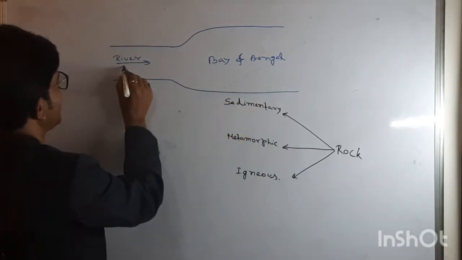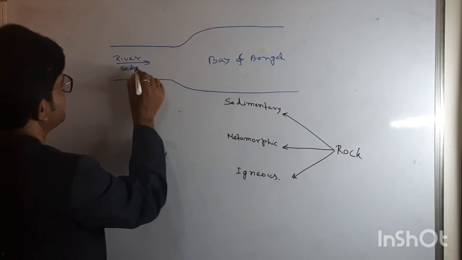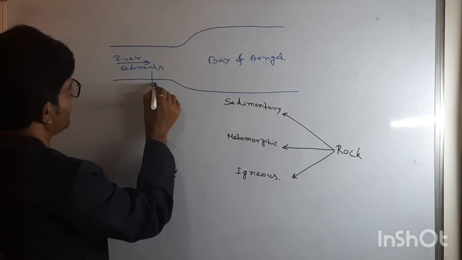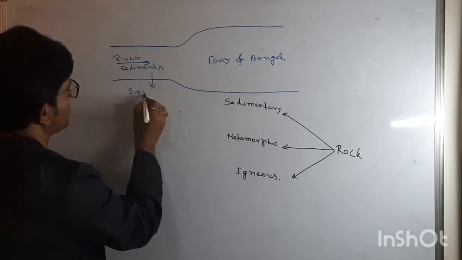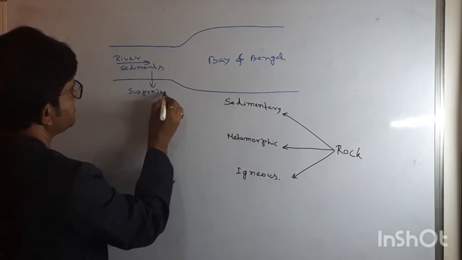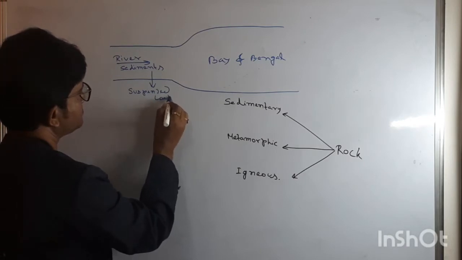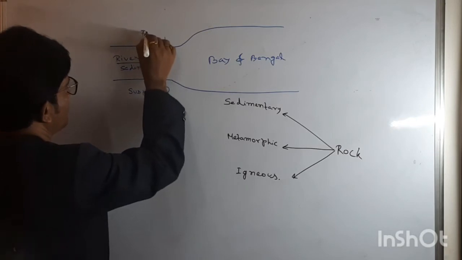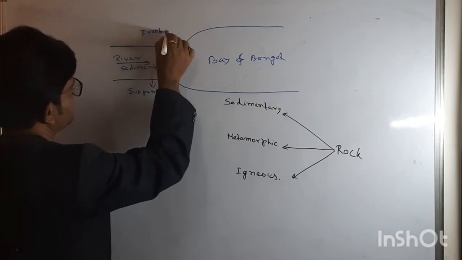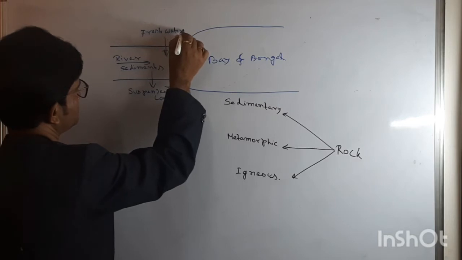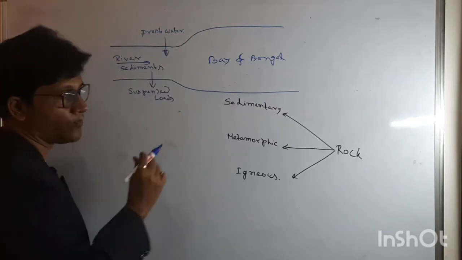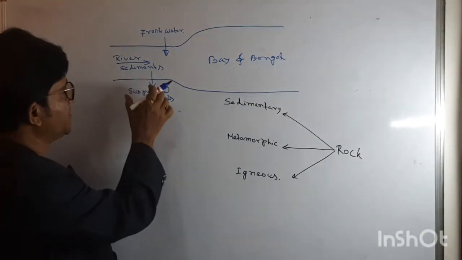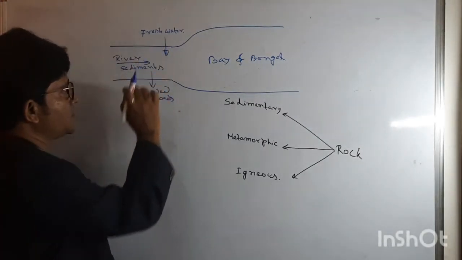This river is carrying sediments, or you can say suspended loads. This river is having fresh water. Now please look at the attributes: the river, the suspended loads, the fresh water.